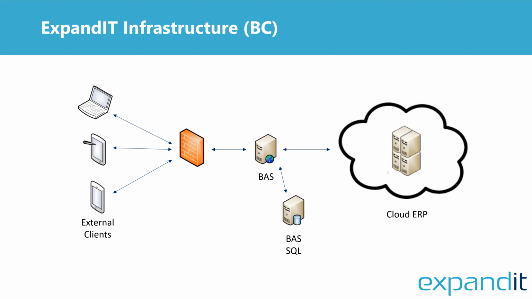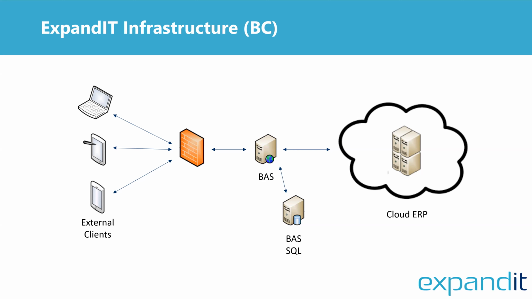If we're talking about a cloud system, then it's simplified. We're communicating through a web service into the F&O installation. We're going to take a look at our tools, and the tools, whether it be for AX on-premise, F&O on-premise, or F&O on cloud, wouldn't matter.